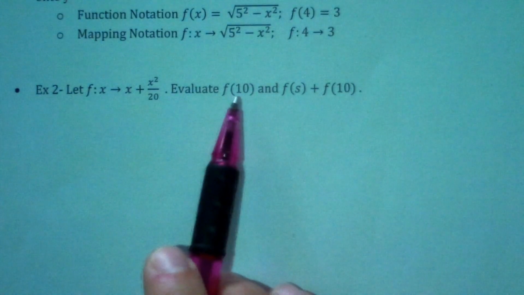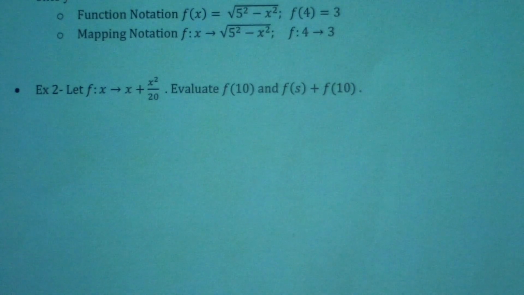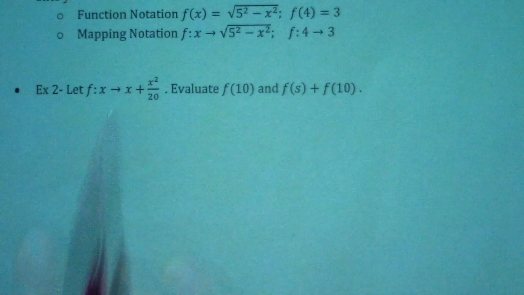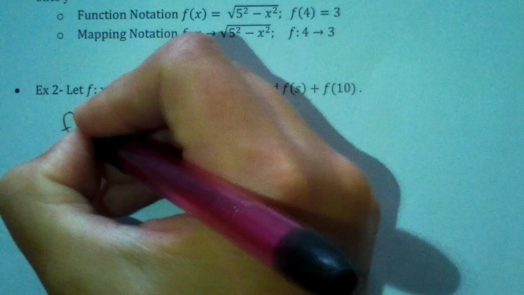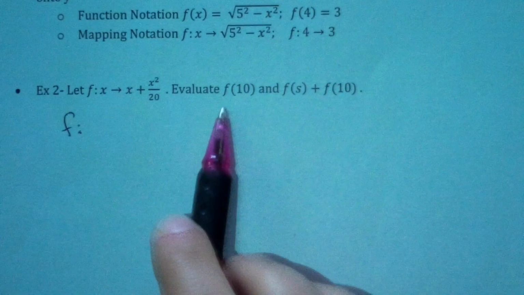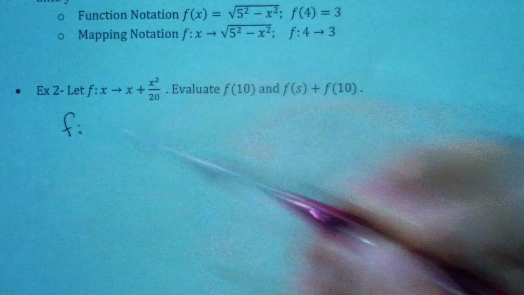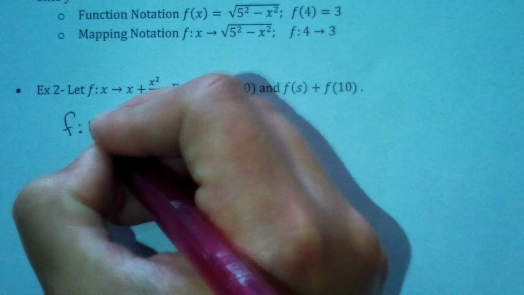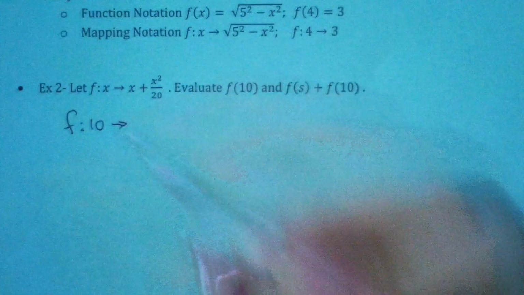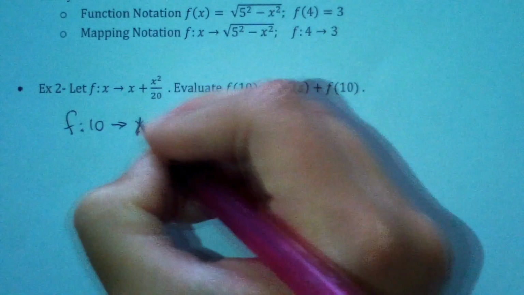And then from there, divide. So 100 divided by 20 is 5. So then it'd be 10 plus 5. And 10 plus 5 is 15. Yep. Or you could put it as, if you wanted to, the f colon and then the 10 and then the arrow to the 15. Either of those would be fine.